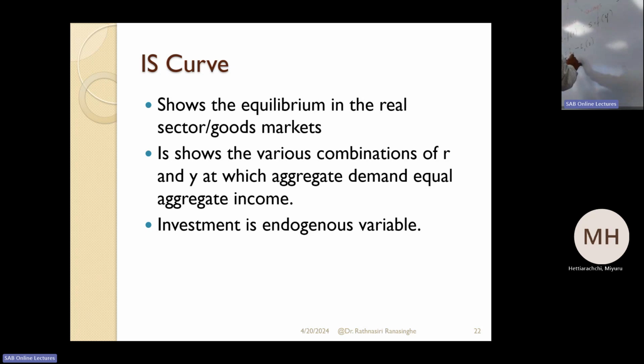I0 means autonomous investment. R is the interest rate. I1 is the interest elasticity of investment.